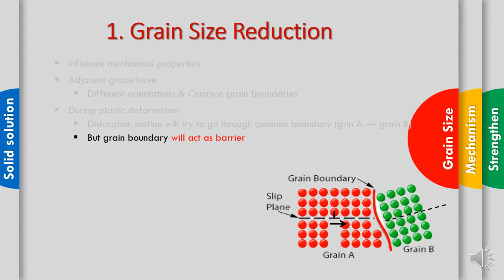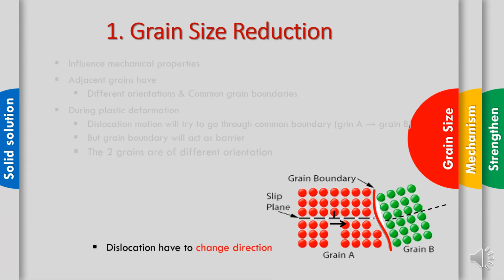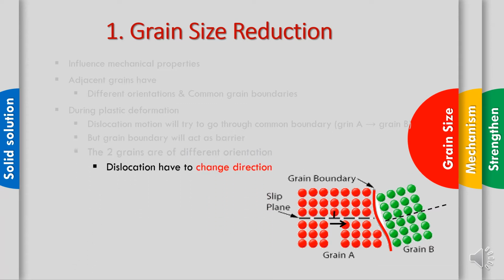But the grain boundary will act as a barrier. It will block the dislocation. The two grains are of different orientation, so the dislocation has to change direction.